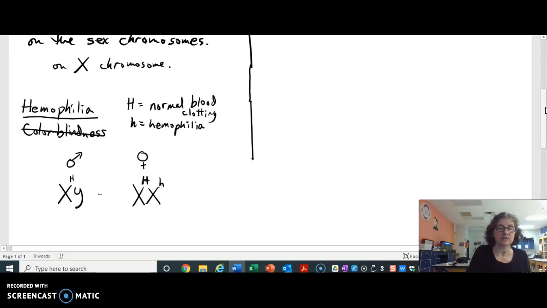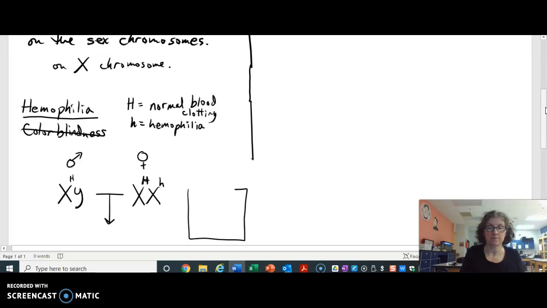And if these people have children, if you look at what the Punnett square looks like for this, you have to make lots of room so that you have room to put those X's and the alleles they carry right there, like that, and then the Y, which carries no alleles.